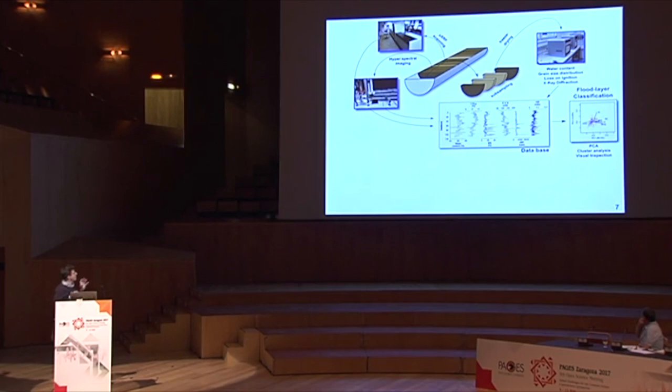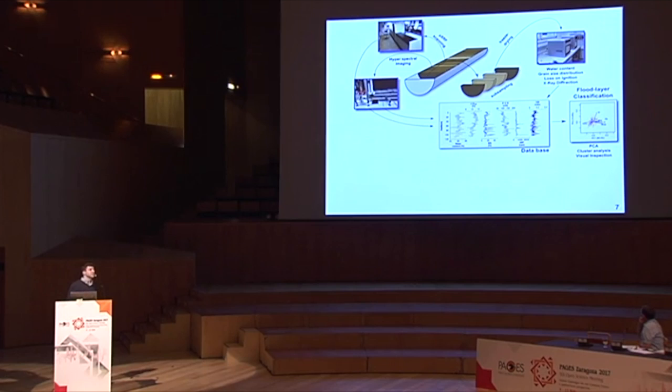We collected all the data in a big matrix, and we analyzed it using a principal component analysis as well as k-means cluster analysis in order to see whether we can do an objective flood layer classification. Moreover, we also had a less objective classification using visual inspection.